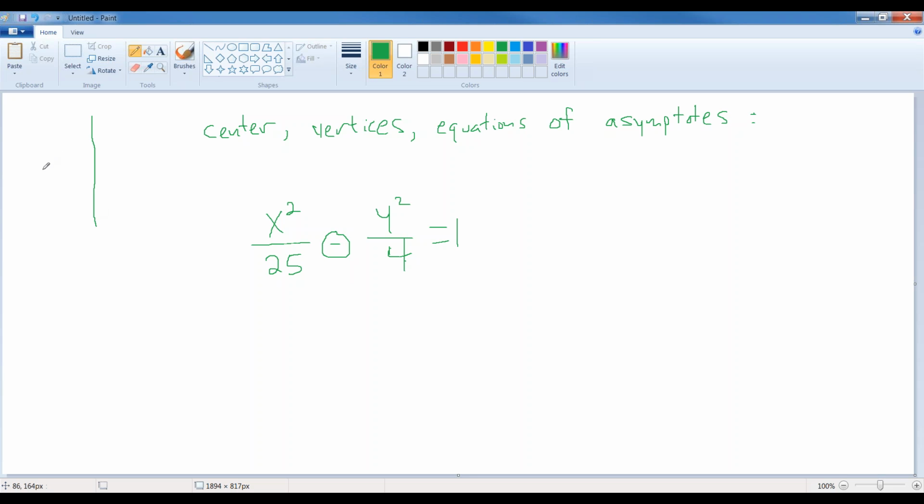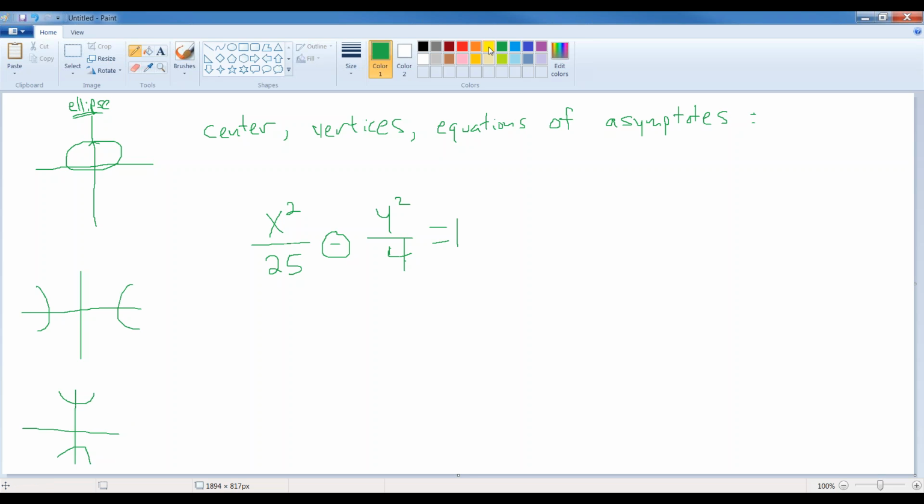Just to remind you again, hopefully you saw these lessons. If you didn't, an ellipse is kind of an off-center circle, like an oval. Like an ellipse looks something like this. A hyperbola, on the other hand, is where there are two half circles and they face each other. It can look like this, or it can look like this.